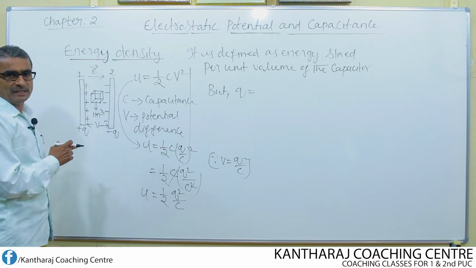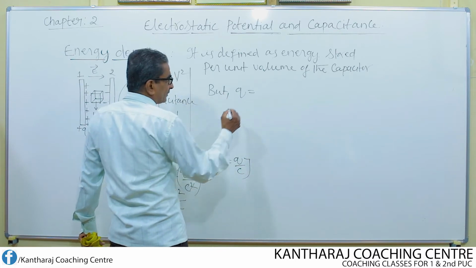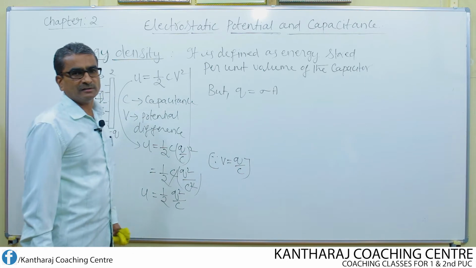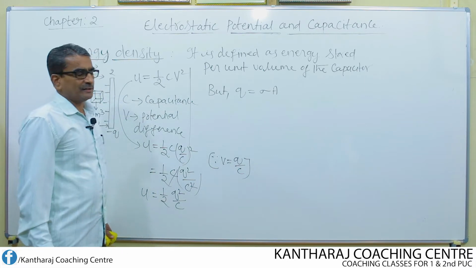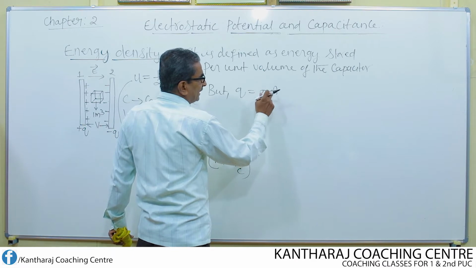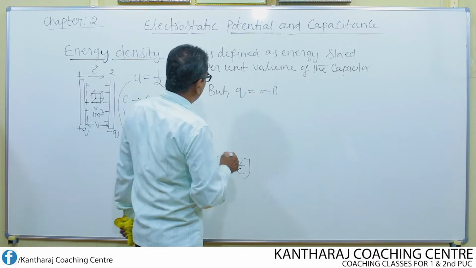I replace the capital letter by small letters. Q equal to sigma into A. It represents the surface charge density, and A is the area of each plate.